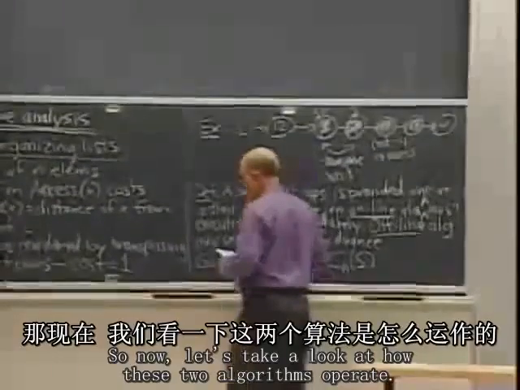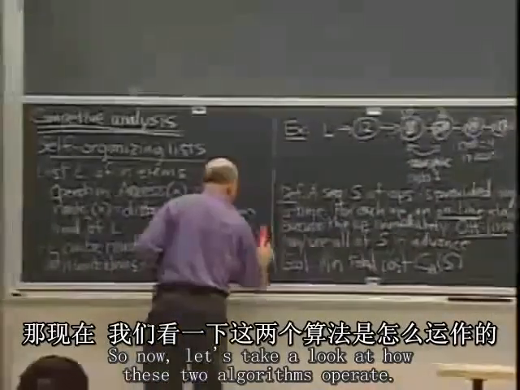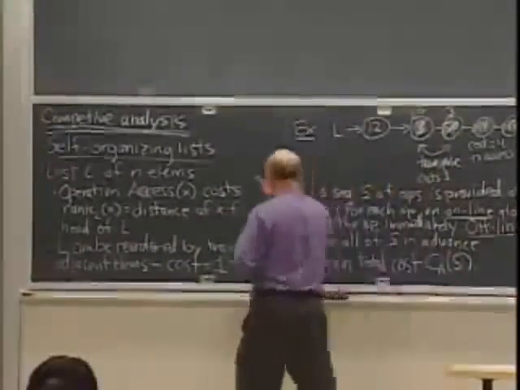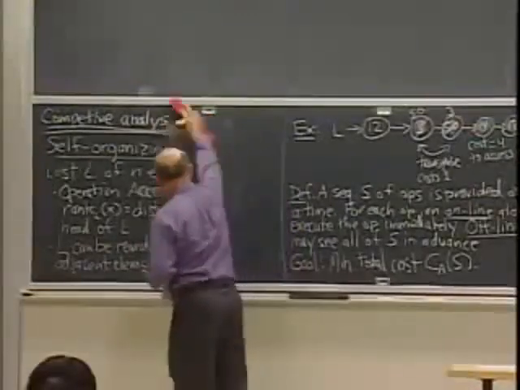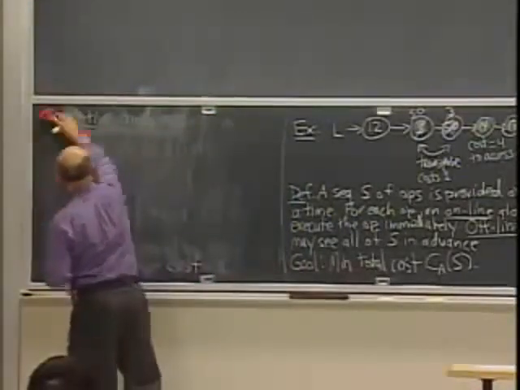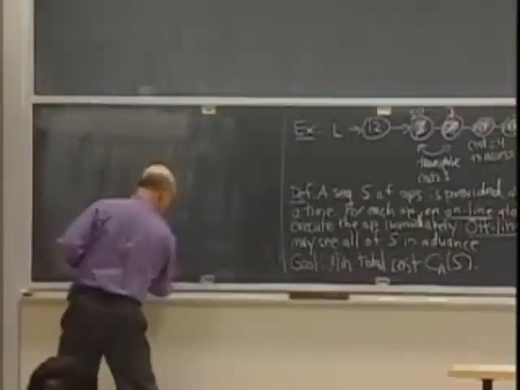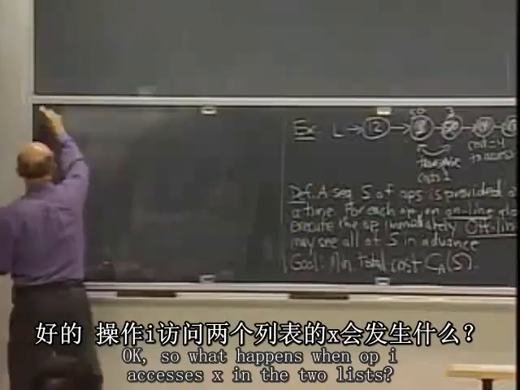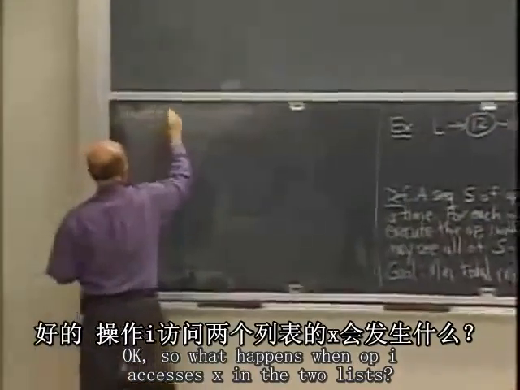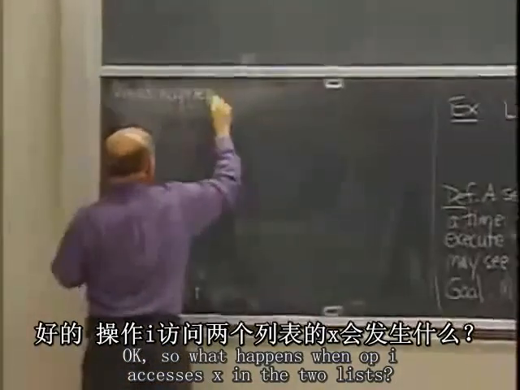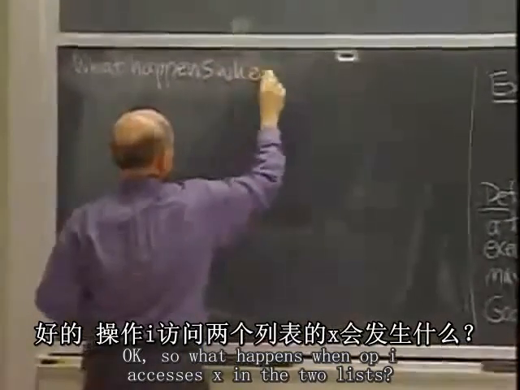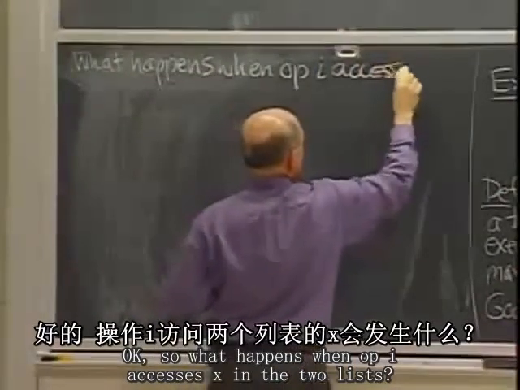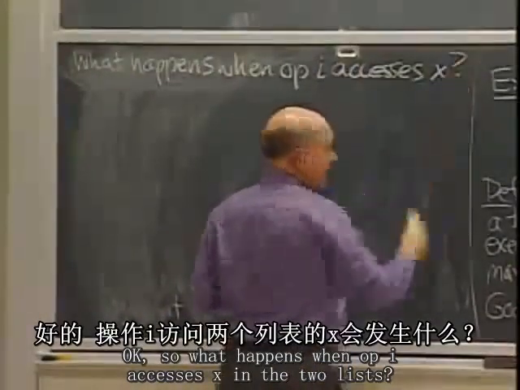So now let's take a look at how these two algorithms operate. What happens when op_i accesses x in the two lists?